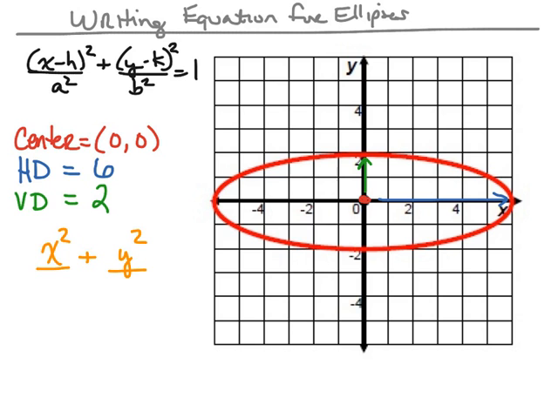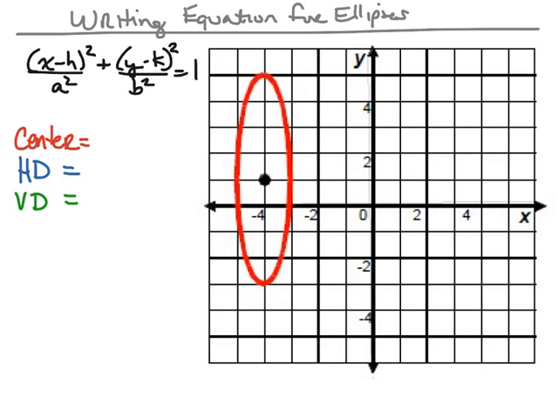So I'm going to take 6, square it. 6 squared is 36. Underneath my y squared, I'm going to take the vertical distance and square it. So if I take 2 and I square that, I end up with a 4. And all of these equations are equal to 1. Therefore, the equation for this ellipse is x squared over 36 plus y squared over 4 equals 1.